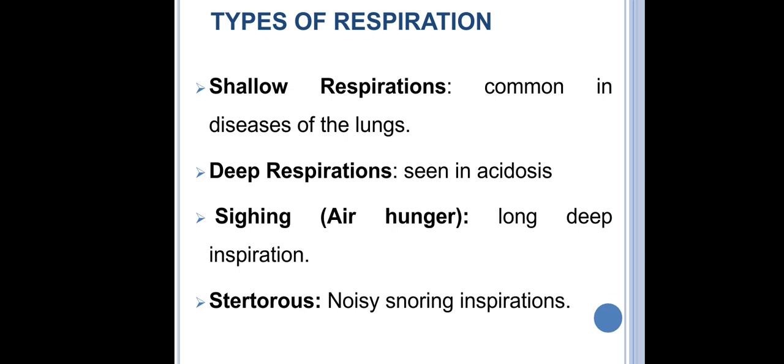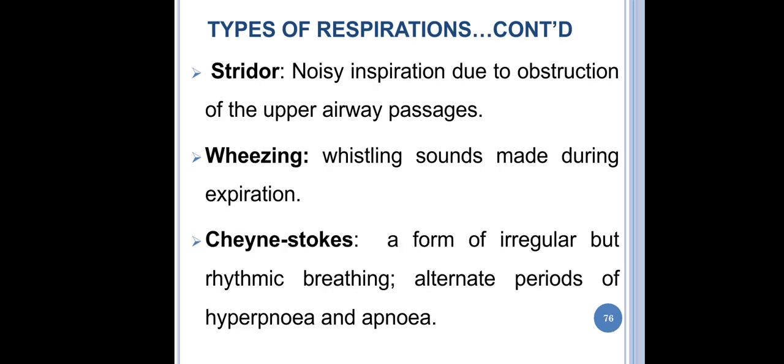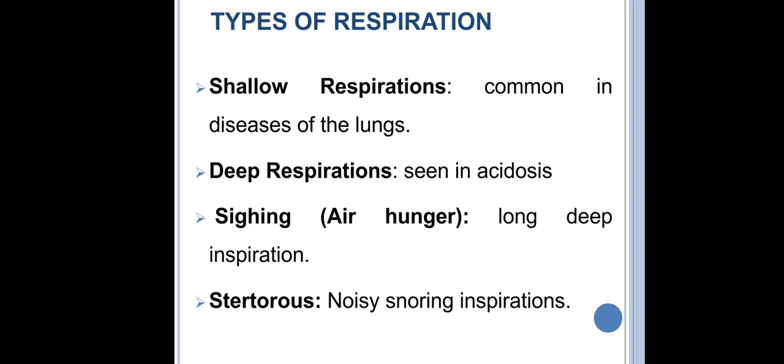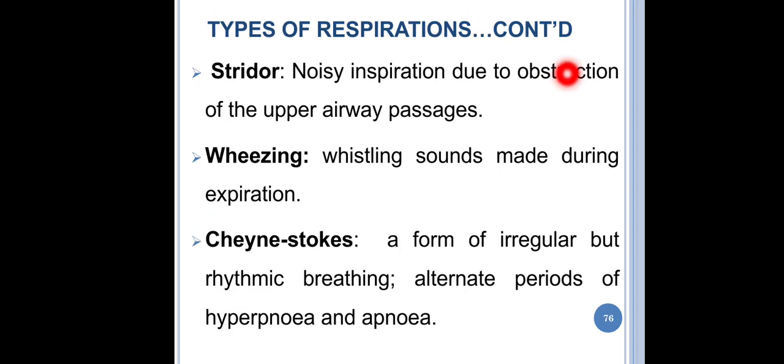Then we call the stridor, which is noisy inspiration due to obstruction of the upper airway passages. Then you also have wheezing. Wheezing is a sound made during expirations, when you want to breathe out. It can occur maybe due to obstruction of the nose, or maybe there's accumulation of mucus.